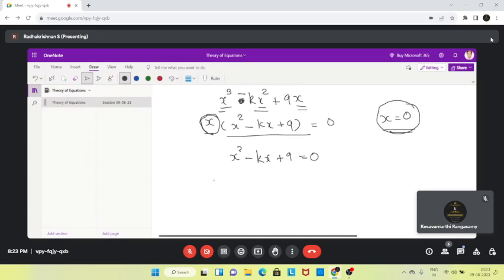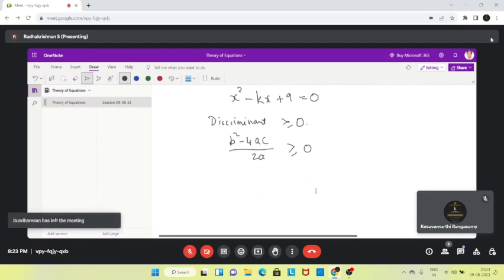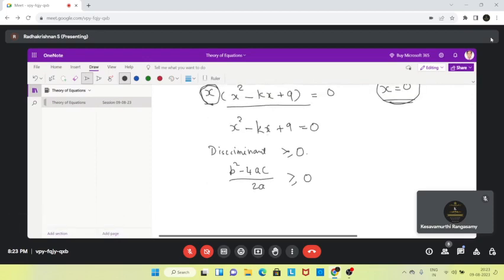The discriminant should be greater than or equal to 0, right? Which is b square minus 4ac. That is your condition. So just substitute and you get the condition for k. That's all. Okay. So what is b here?